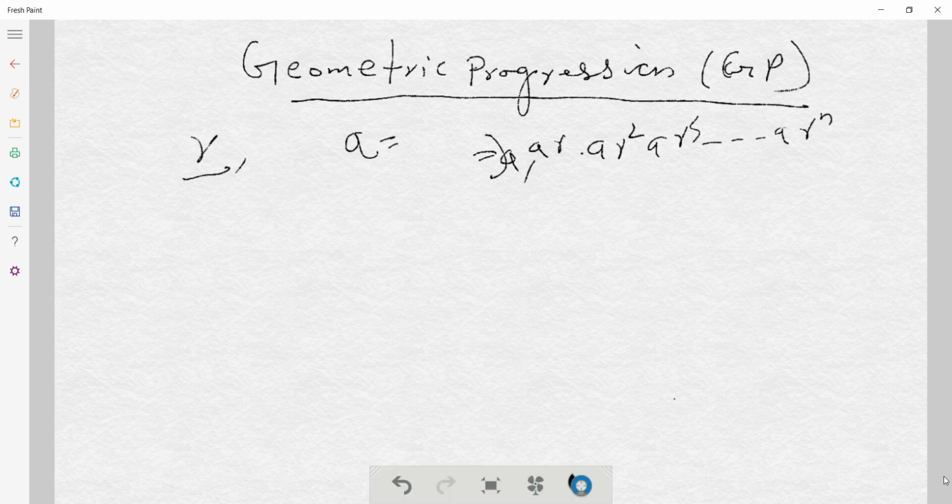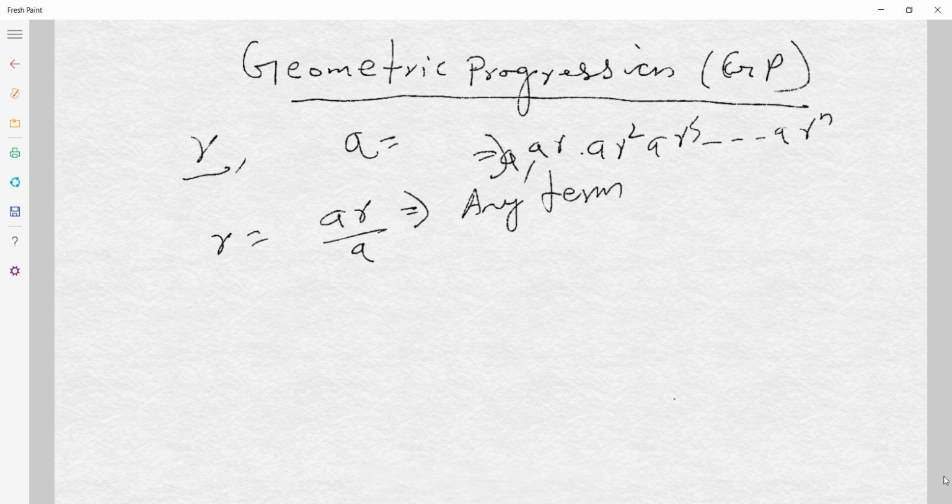The way you calculate the common ratio R is by dividing AR by A. In other words, any term over its preceding term. That's how you calculate the common ratio.